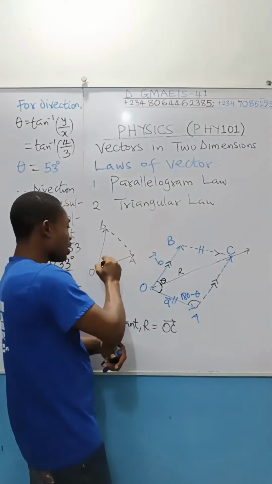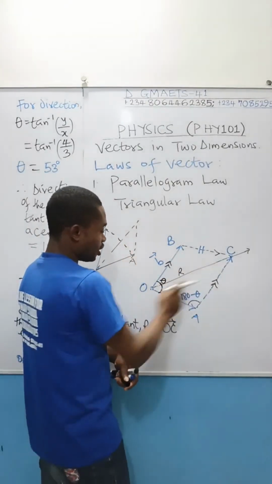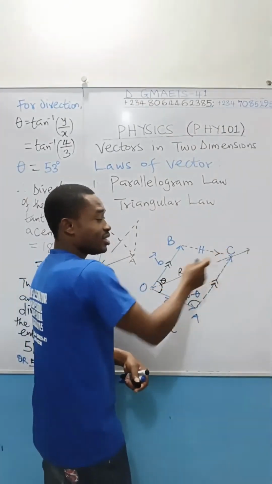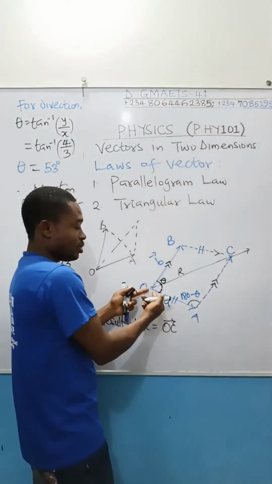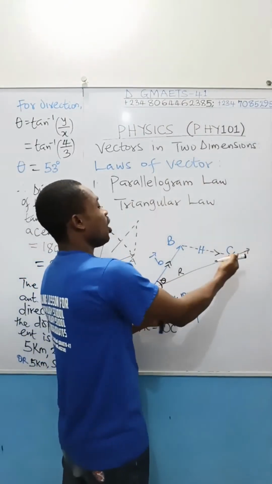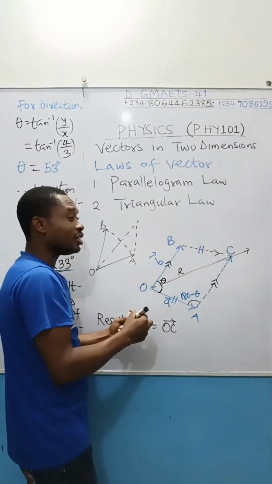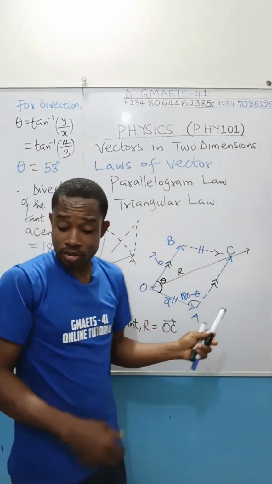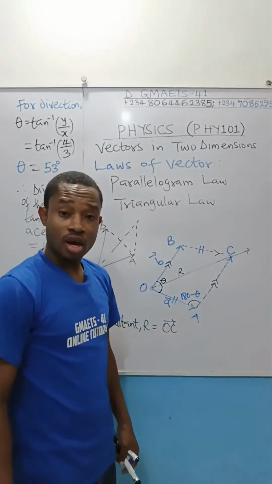If I go this way, dotted, and then I complete that parallelogram like the way I did here, look, OAC is a triangle. So one can say, let this be adjacent, let this be opposite. Automatically, this becomes the hypotenuse. But hey, you can't say that for this type of triangle because it is not a right angle triangle.